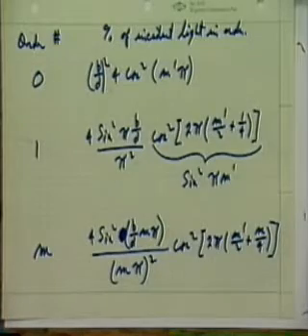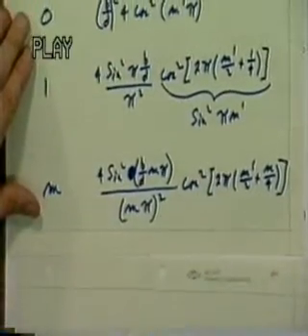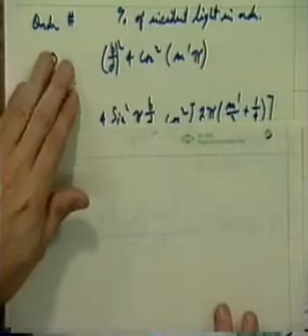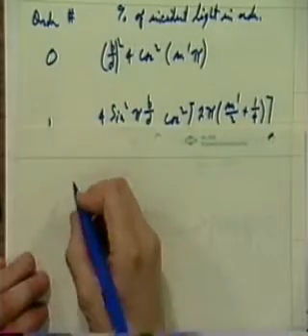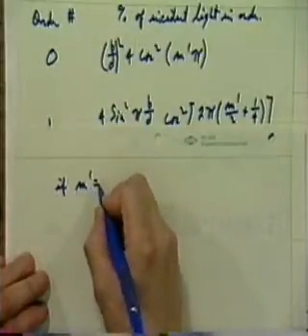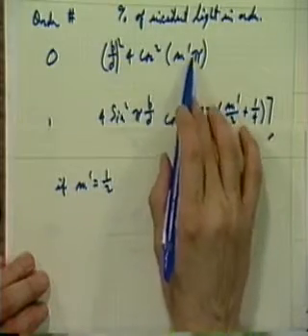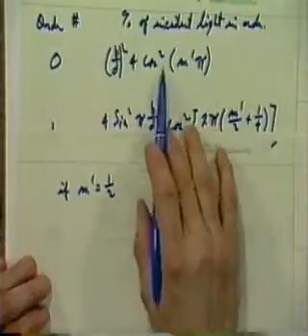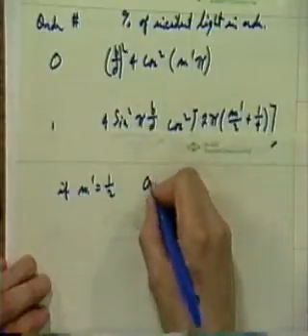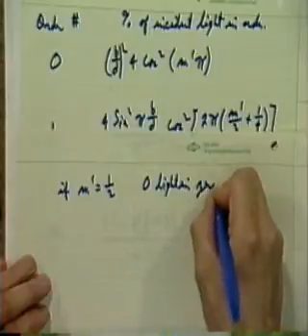So if we look here, some interesting things are going to come up. The first: if m prime is equal to 1/2, looking at the 0 order, we have cosine squared of pi over 2, so that's 0. So we'll have 0 light in 0 order.